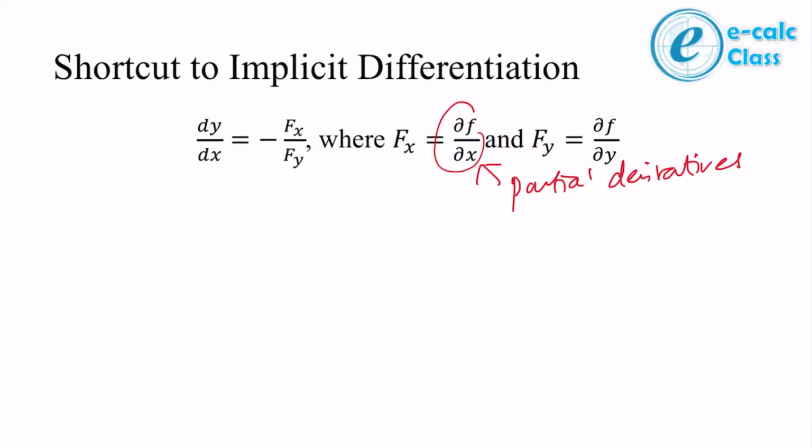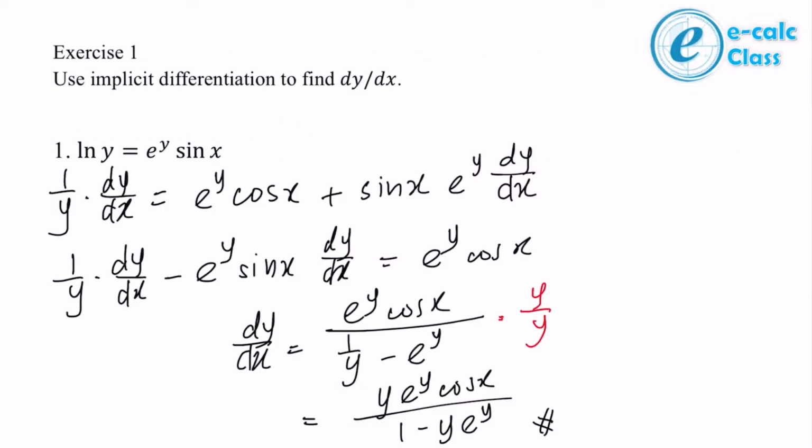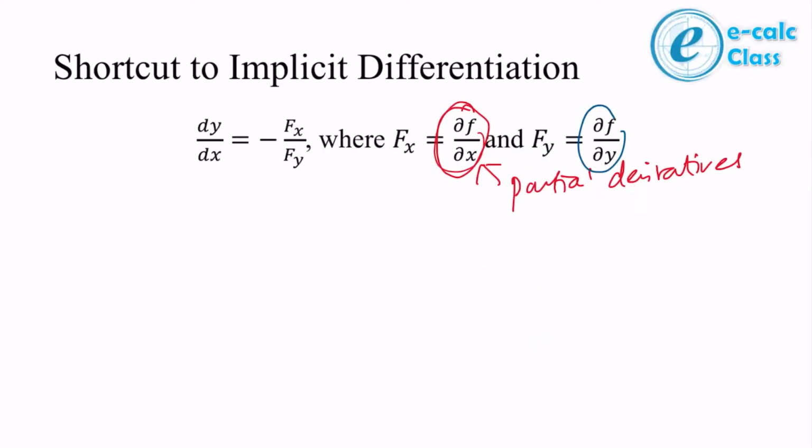So in simple words, when you are doing partial derivatives as the shortcut for implicit differentiation, for partial derivatives with respect to x, you will treat all the y as constant. Okay? Then for this one, you just treat all the x as constant. Okay? I will show you one example, maybe from just now this question. ln y equals e^y sin x. Okay?